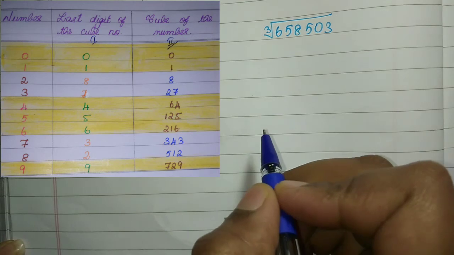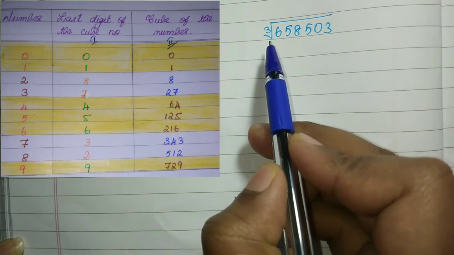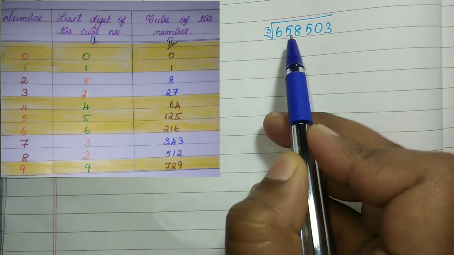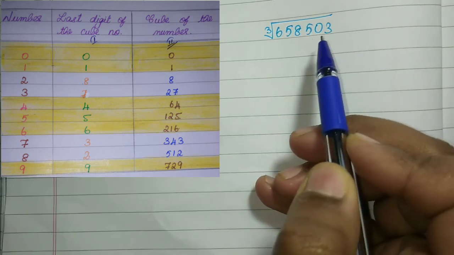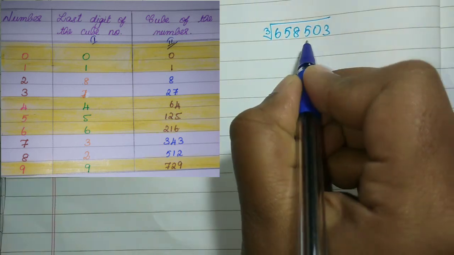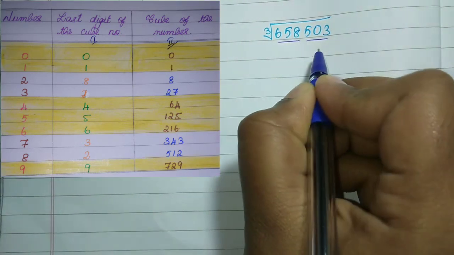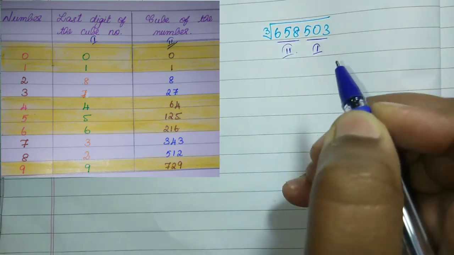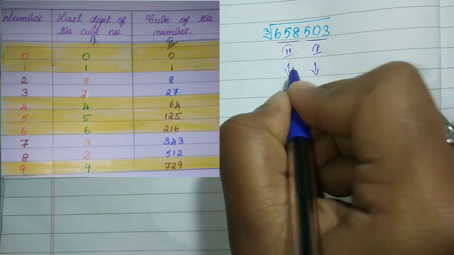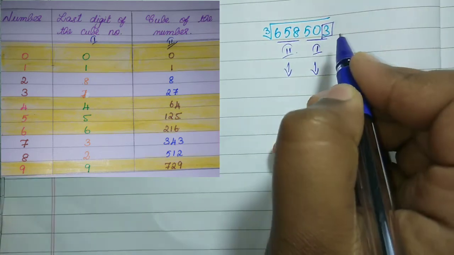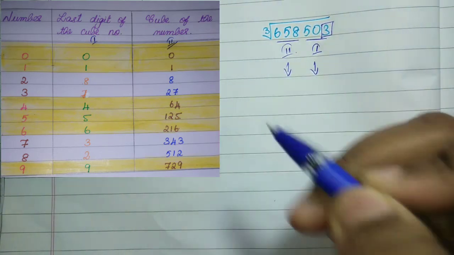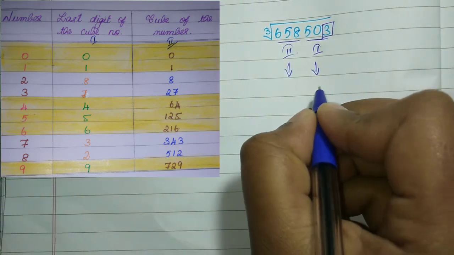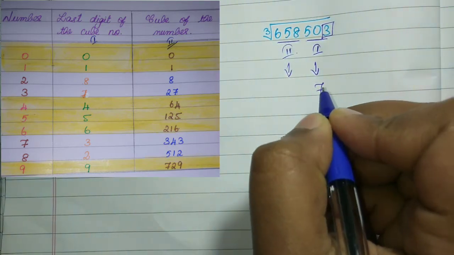So now let's see one more number, that is cube root of 6,58,503. So now let me pair this. So this will be part 1, part 2. Okay, so the last digit of part 1 is 3. So just check in the table. It is for 7. So I can just write 7 here.